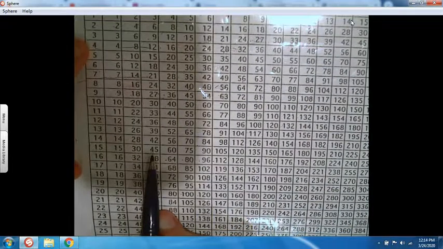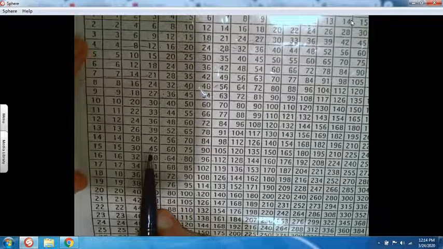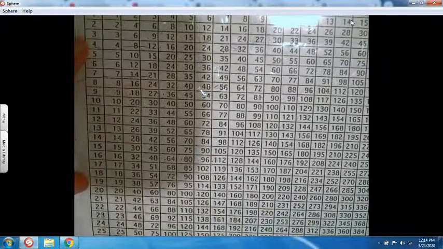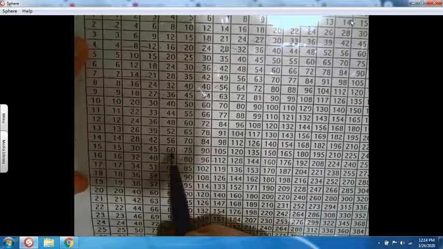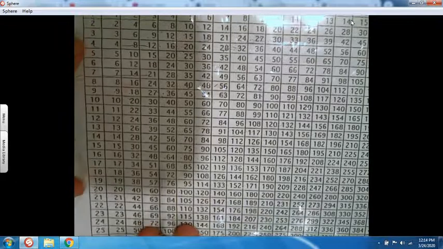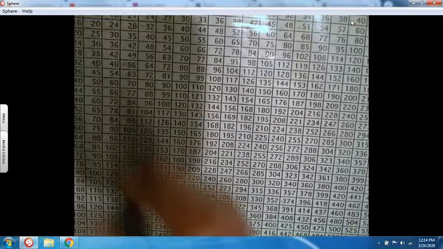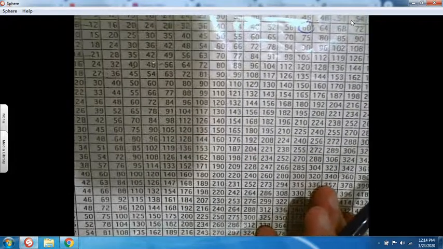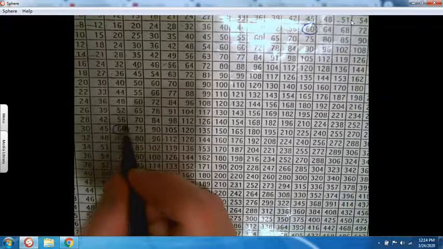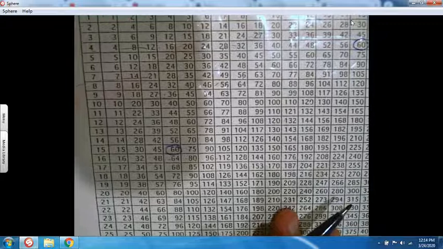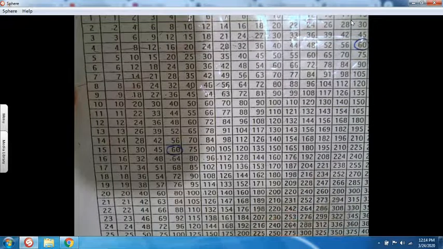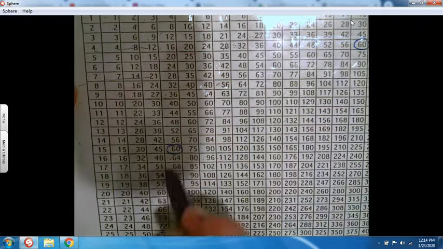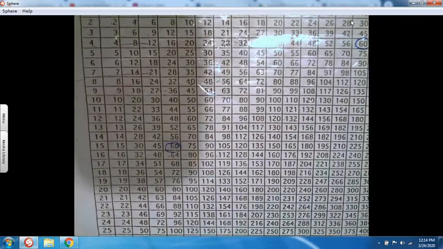Is there a 45 in the 4 row? Nope. 60. Is there a 60 in the 4 row? If we scoot it all the way over here, we see a 60 in the 4 row and a 60 in the 15 row. So 60 is our least common multiple, which is our new denominator.